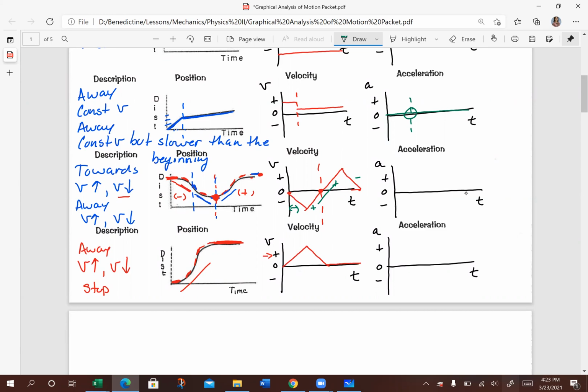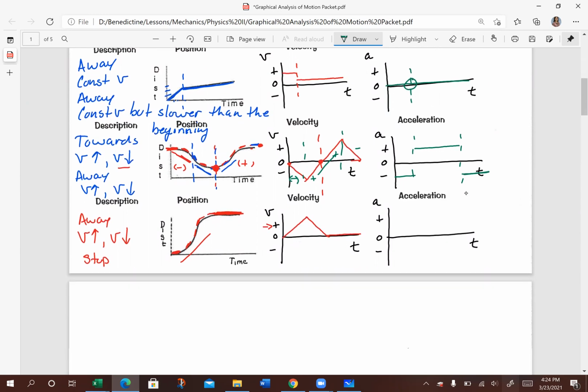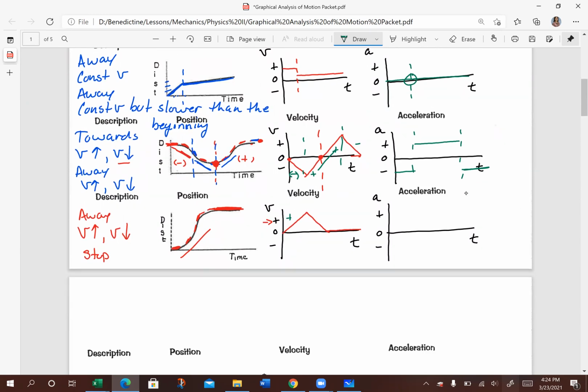So this one's going to be a negative value, the same positive value for this extended time from here to here should be that positive constant slope, and then we jump back down to a negative slope. This one has a positive slope, constant, negative slope, and a 0 slope. So we'll have a positive slope, negative slope, and 0 slope for our acceleration graphs.